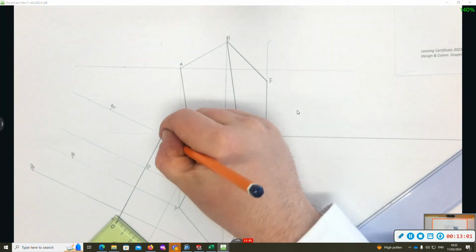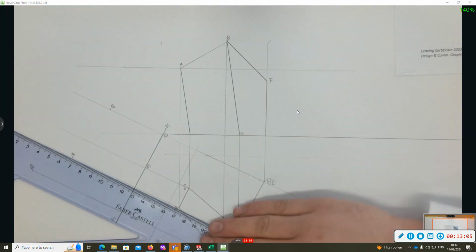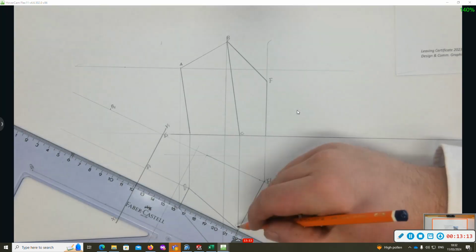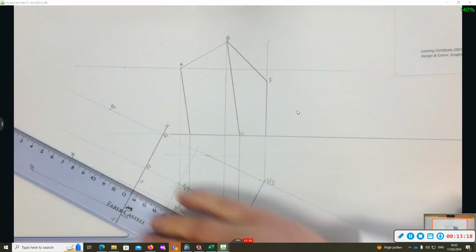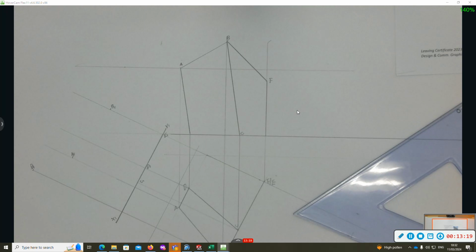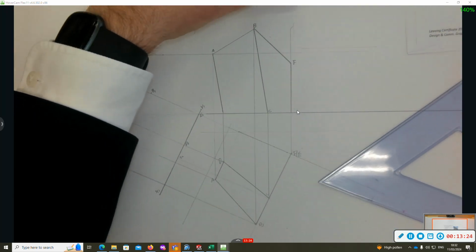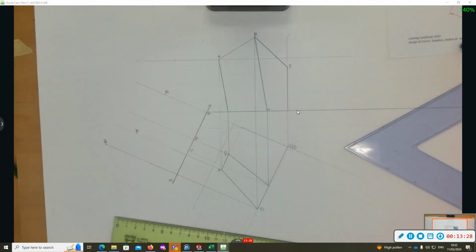So too is E. And I just have to project C as of yet. And C1 is on the XY line in elevation. So that projection line came from B.